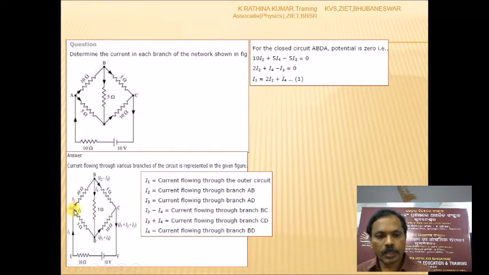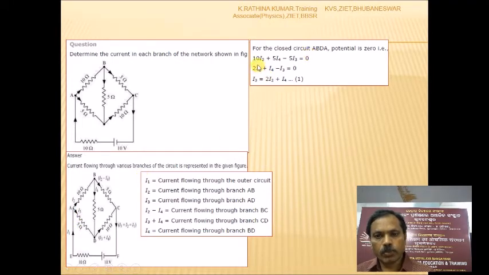Here, ABDA: 10 into I2 is going clockwise, plus 5 into I4. Then the direction is opposite, therefore minus 5 into I3 is written here.